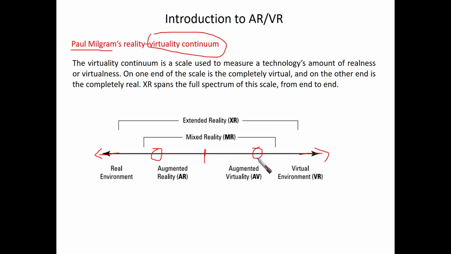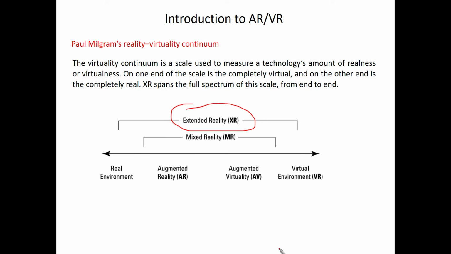So you are saying that mostly all my content is virtual, but I am taking some content from the physical world. And when you mix augmented reality and the virtual environment, you get mixed reality. So that's the continuum that you need to think of. And all of these terms together are extended reality.